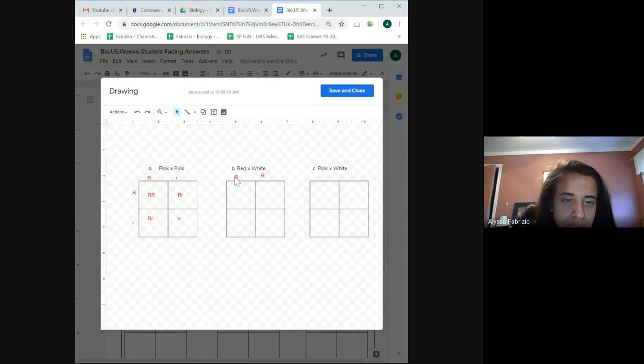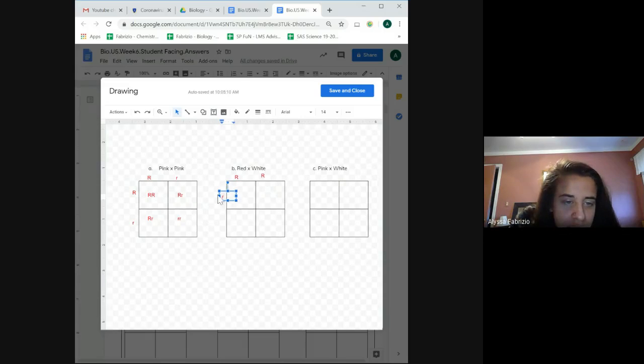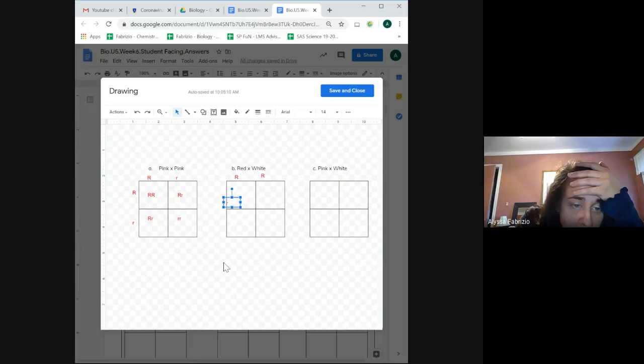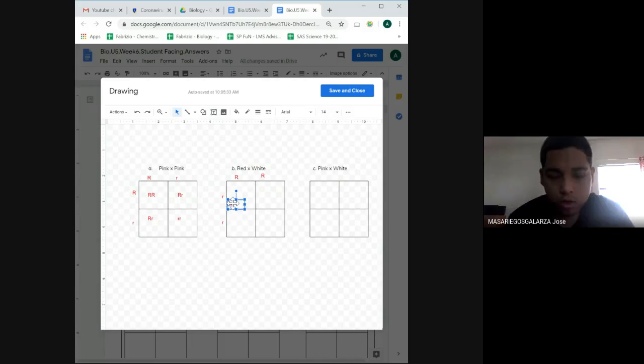What about for white? Lowercase r. Lowercase r, very good. So what do our crosses look like then? They're all going to result in uppercase R and lowercase r.